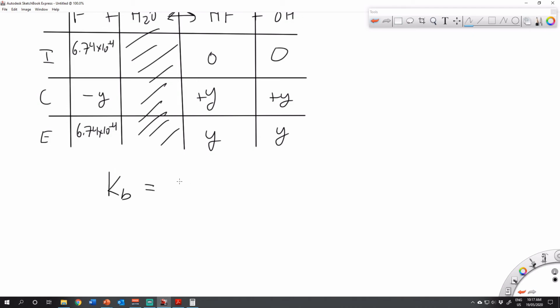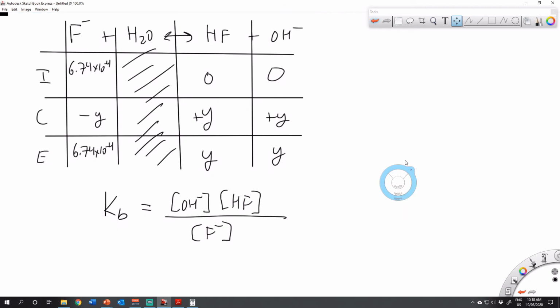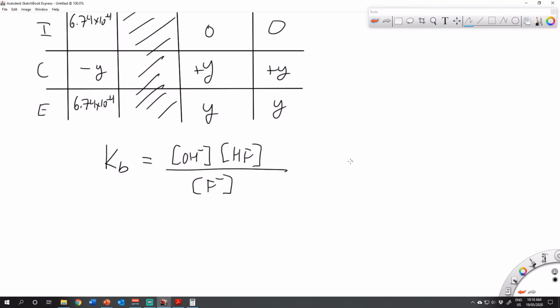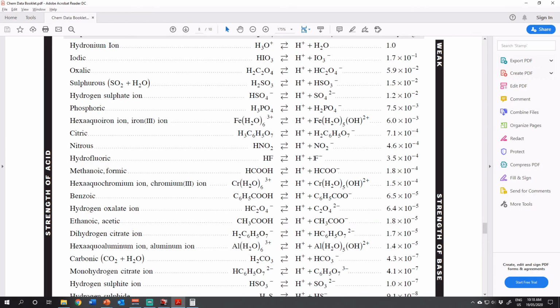So Kb will be the concentration of OH minus and HF, all divided by the concentration of F minus. I actually know what the Kb of F minus is, because Kb is Kw over Ka, and because we were able to find F minus on our table here, we can use that to find the Kb of F minus.